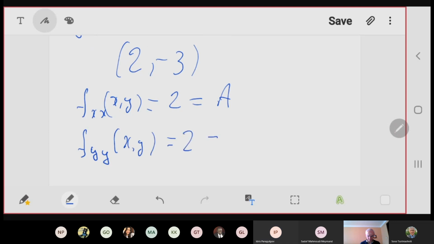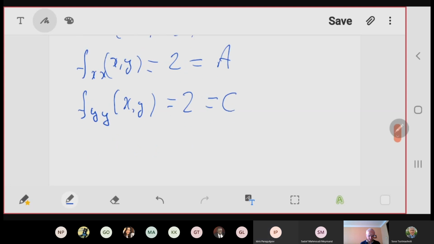It's also 2. We denoted it by C. And finally, fxy is 0, and we denoted it by B.